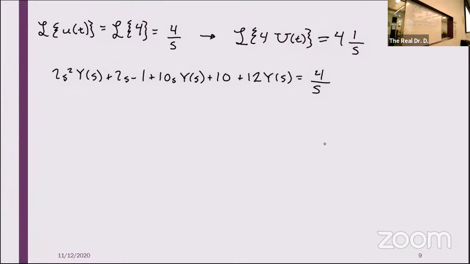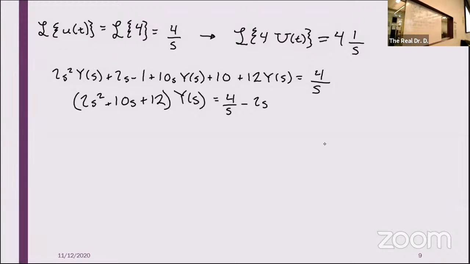So I'll group all my y's. I've got 2s squared plus 10s plus 12 times y of s is equal to 4 over s minus 2s, because that's my only other s term.